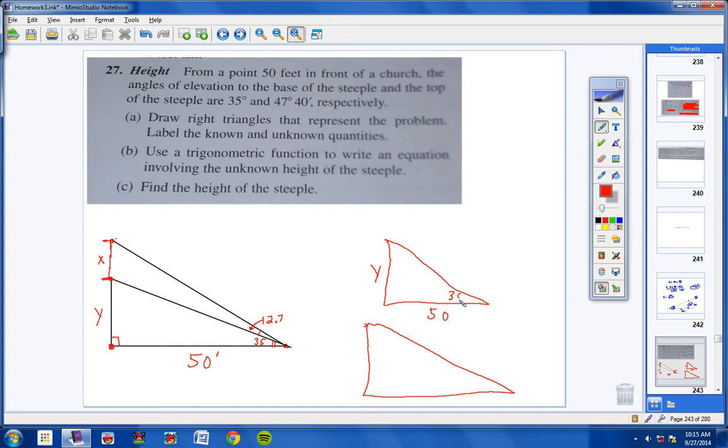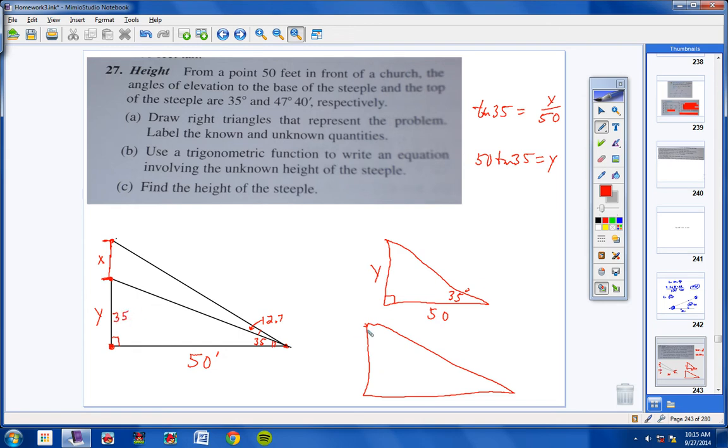So very quickly I'm going to find the length of y. I'm using opposite and adjacent, so the tangent of 35 equals opposite over adjacent. Multiply both sides by 50: 50 tangent of 35 equals y. With my calculator I'm typing in 50 tangent 35, and I get 35.01, so 35. So the length from here to here for y is 35.